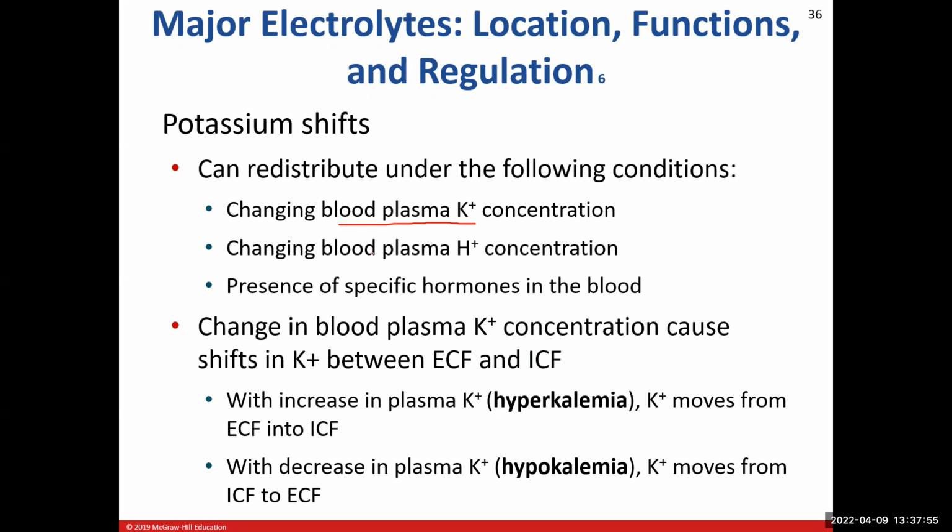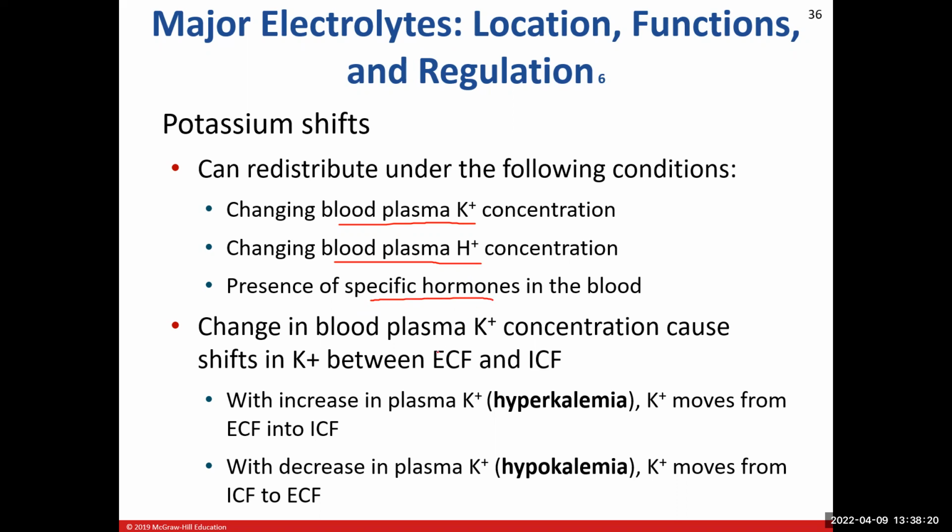Two, a change in our blood plasma hydrogen ion concentration, which will affect potassium shifts in and out of cells. And finally, specific hormones in the blood will also influence that shift in potassium, either into the cells or from the cells into the extracellular fluid.